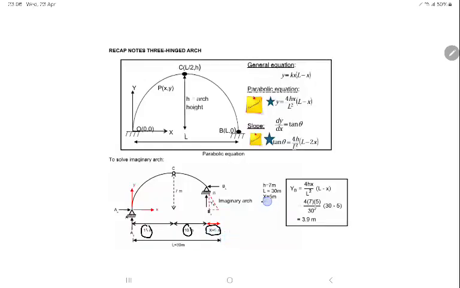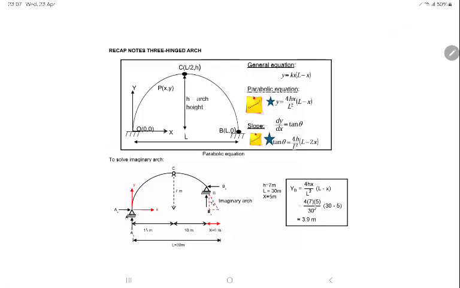So you get X equal to 5 meter. Inserting all these H, L and X into this equation, you got YB is equal to 3.9 meter. So for this arch you need to remember two equations.